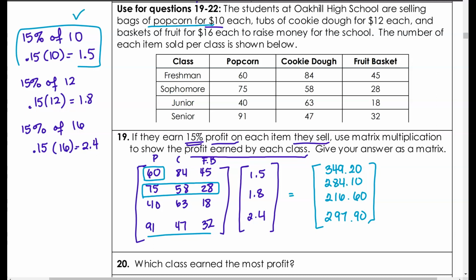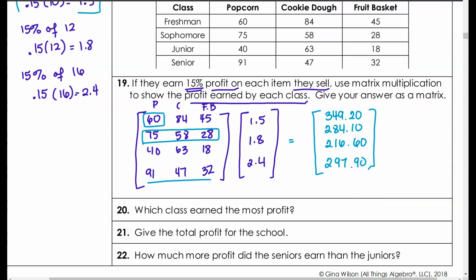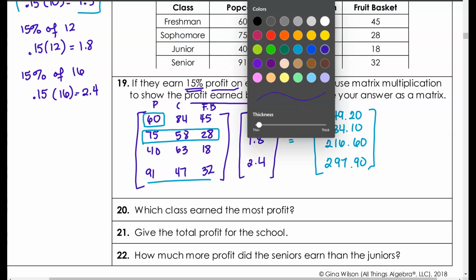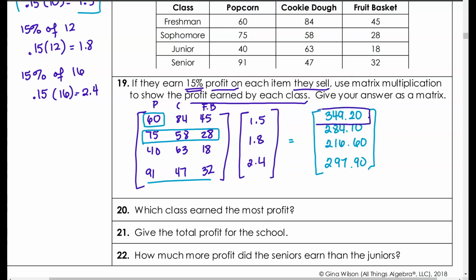All right, so the next question here is, which class earned the most profit? So if we take a look at which class, notice that the highest number in our matrix is this first one. So that corresponds to this row, and that's going to be freshmen.